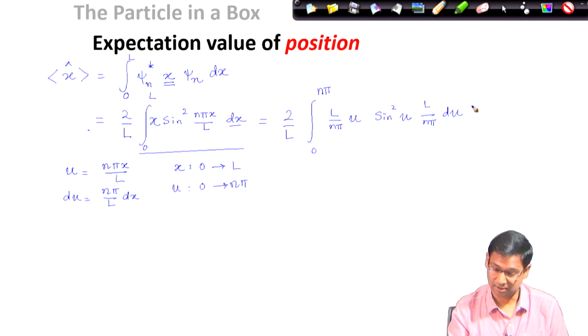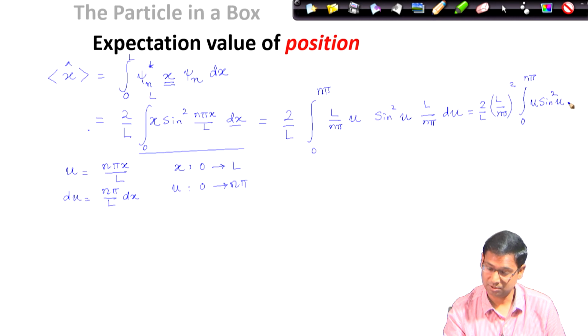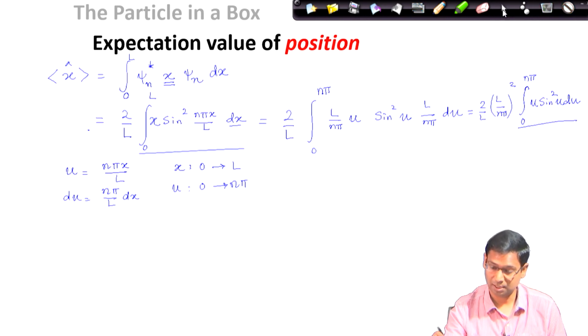So, if I solve this, I have 2 by L times (L by n pi) squared, integral from 0 to n pi of u sine square u du. The reason why I brought my integral to this particular form will be apparent now.